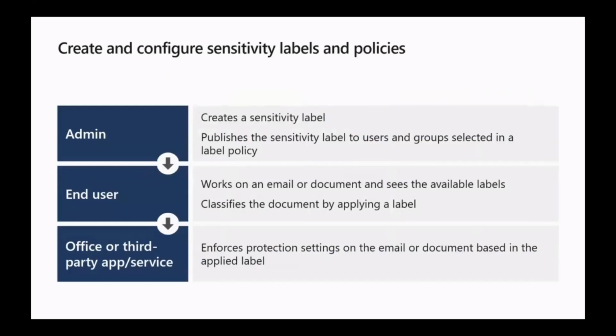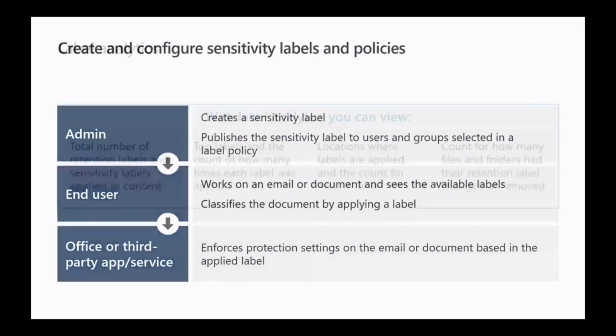Then the users in those groups can work on an email or document and will be able to see the available labels and apply them manually, complementing the labels created and applied automatically by the administrator. They can classify the document by applying a label. Then, using Office or some other third-party applications or services, protection settings can be enforced on the email or document based on the applied label, as I was saying with the previous example.